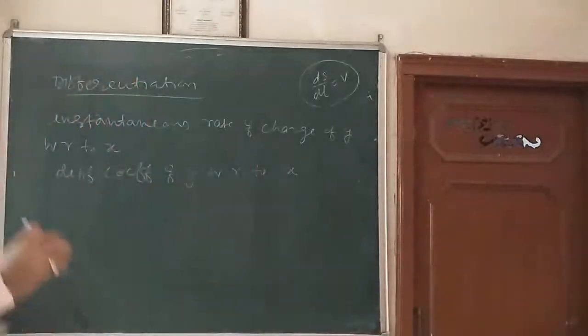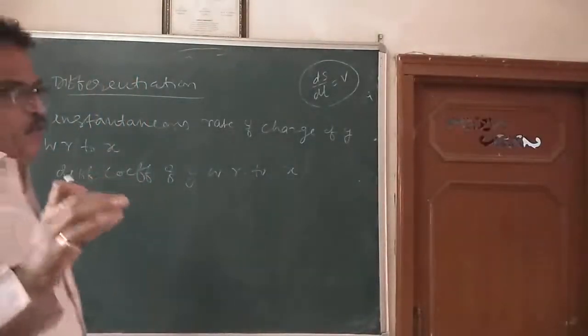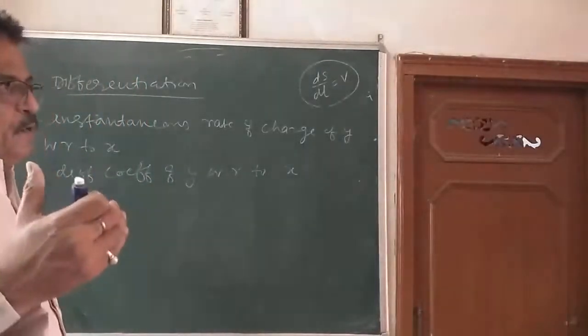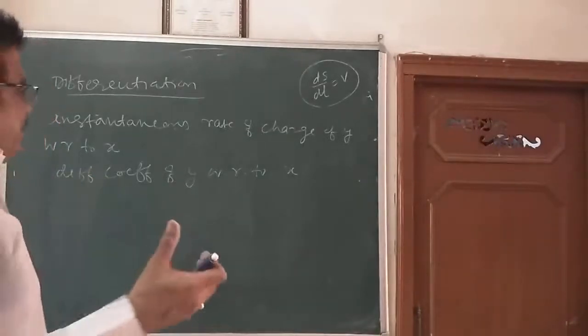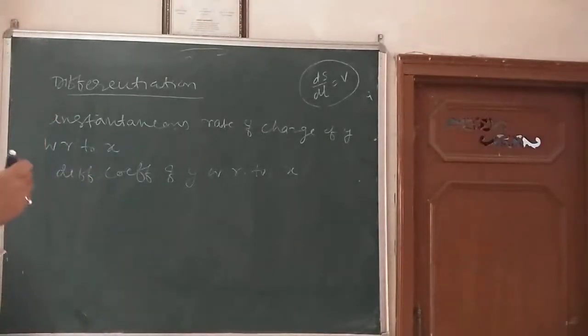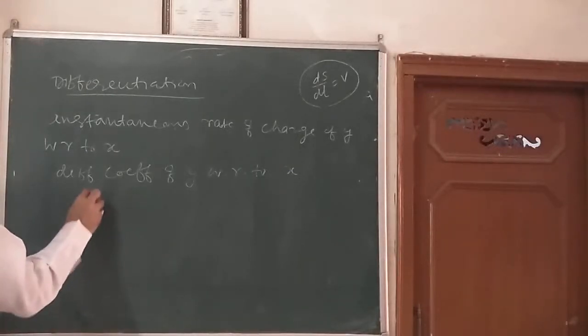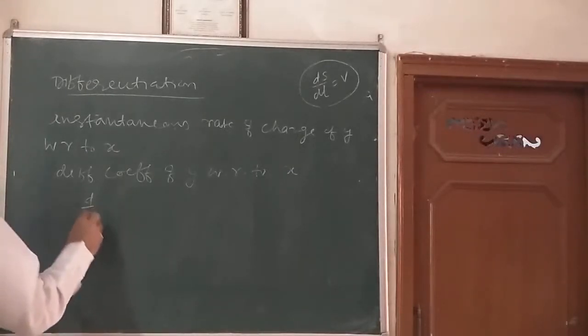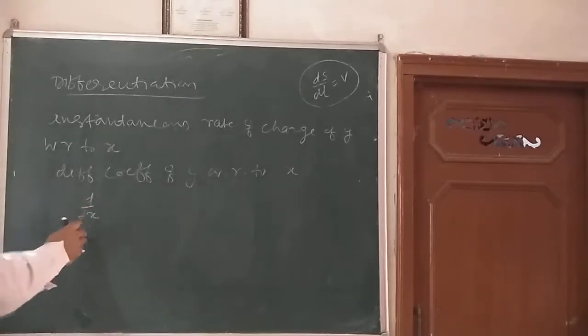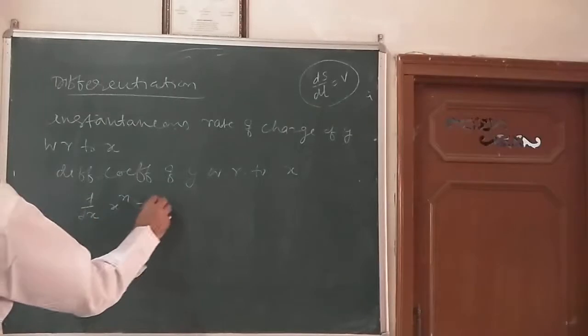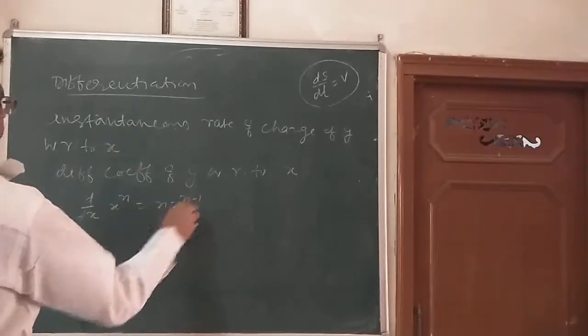Is that clear? With the help of this, we can solve problems in our physics. We are using a formula: differentiation with respect to x of x to the power n is equal to n x to the power n minus 1.